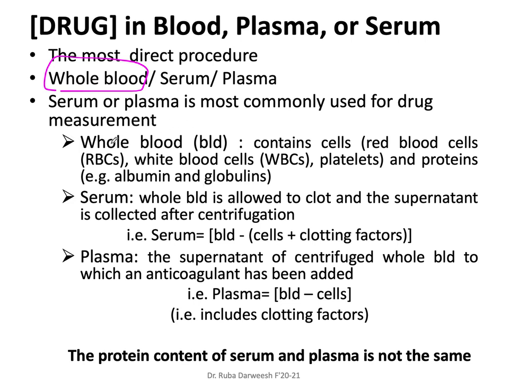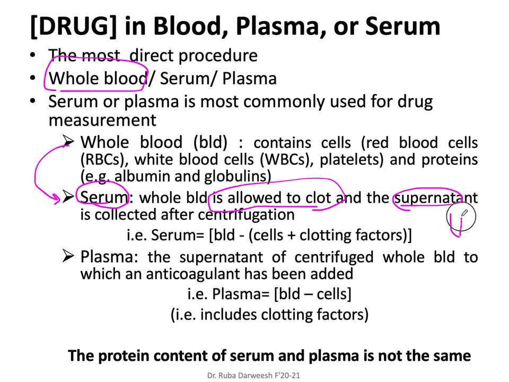For serum or plasma, for the serum, we have the whole blood that we already took, that includes everything. We keep it a bit for clotting, okay? And there's a specific timing for that, and it's different from model to model, human to animal. But anyway, we take the whole blood sample, we wait for it to clot, and then we do a centrifugation and we take the supernatant.